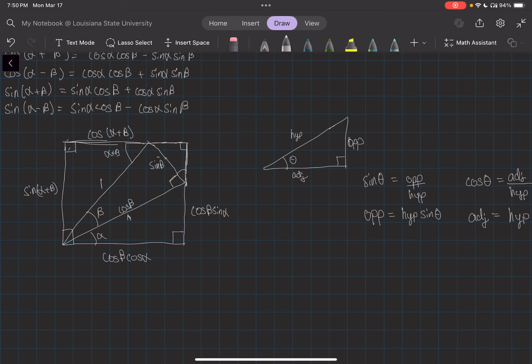And for this angle, we need to figure it out right here, this one. One way of determining it is considering that if we have a triangle with a 90-degree angle here and angle alpha here, then this last angle right here must be 90 degrees minus alpha, because the sum is 180 degrees.